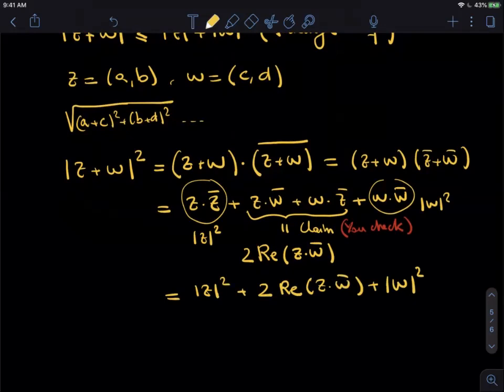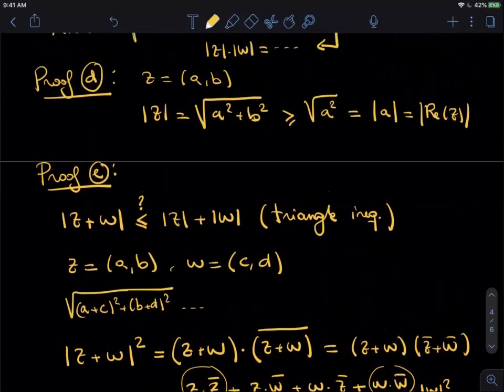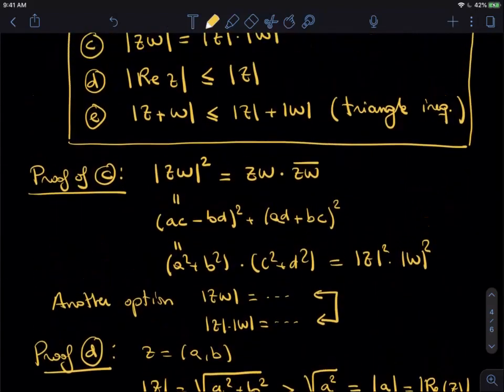And well, right now things may or may not be looking very good. It depends on whether you have seen the next move or not. Here what we are going to apply is the previous property that we showed, that the real part of Z is less or equal than the modulus.